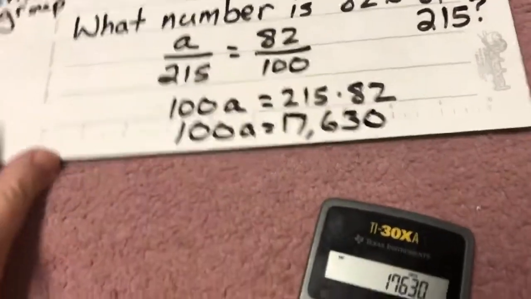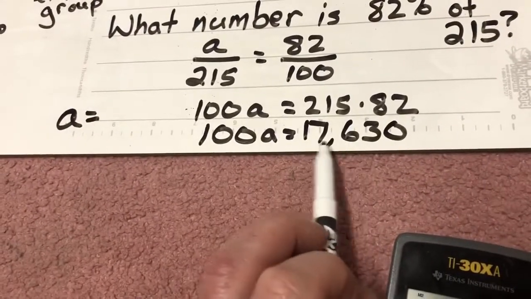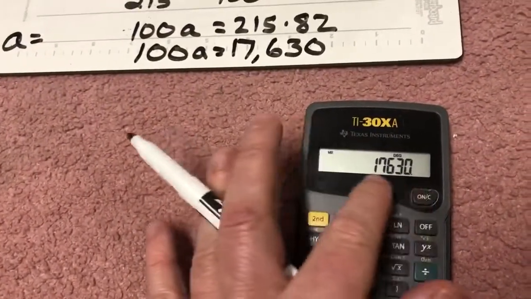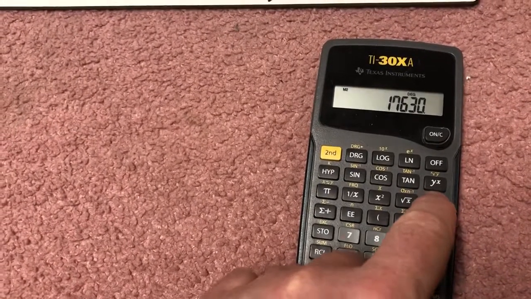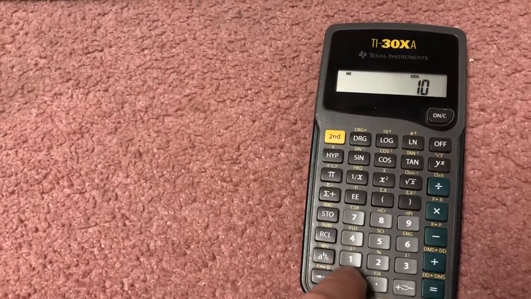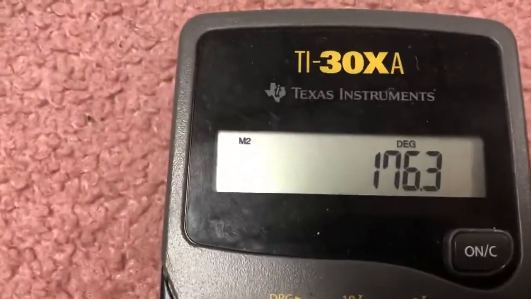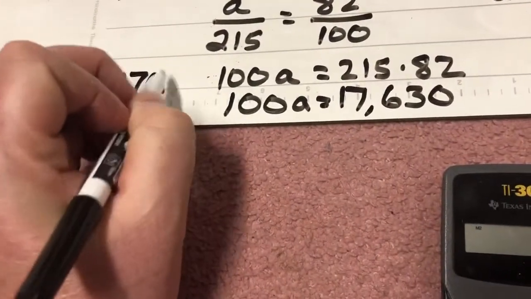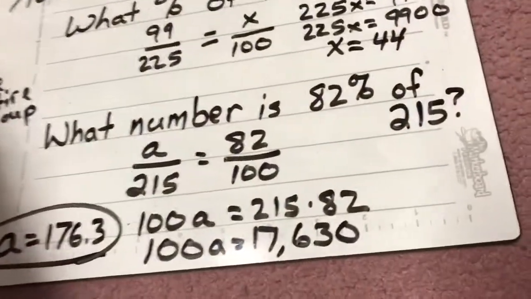To solve for A, I have to divide 17,630 by 100. It equals 176.3. So A equals 176.3. Not real difficult.